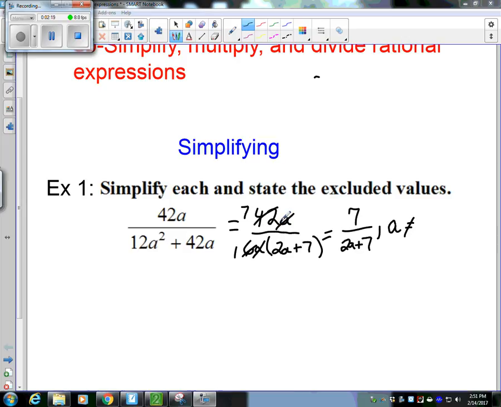And you look at that factor, what makes that factor equal to 0? The thing that makes a equal to 0 is, it's kind of a trick question, it's 0. So in order for the simplified rational to be equivalent to the original, we also have to say that a cannot equal 0, because if you put 0 into the denominator in the original, you would divide by 0.